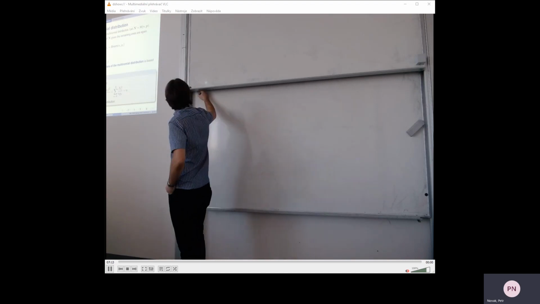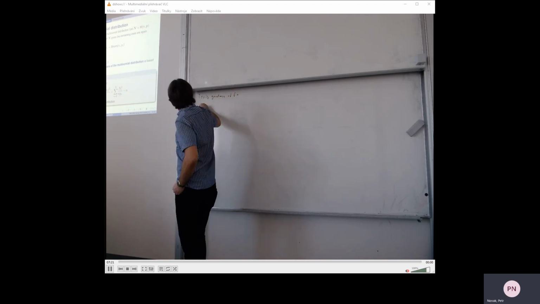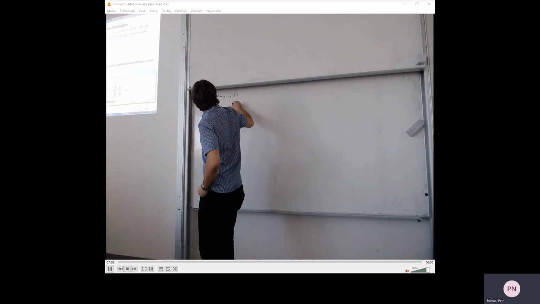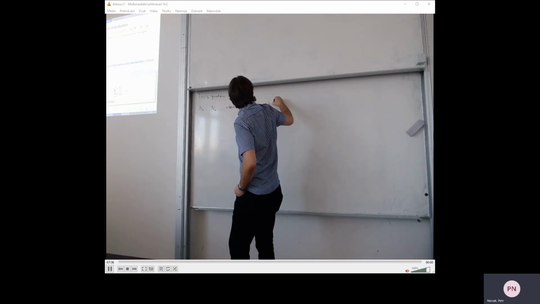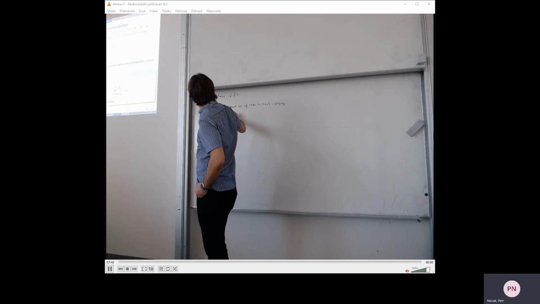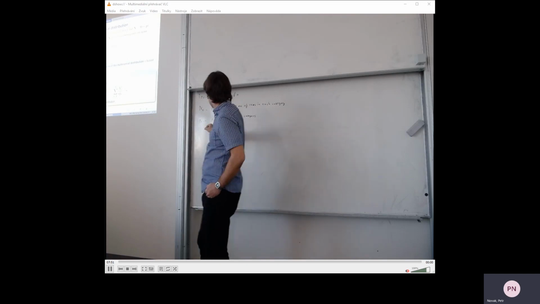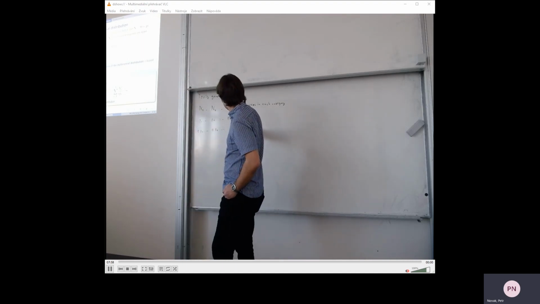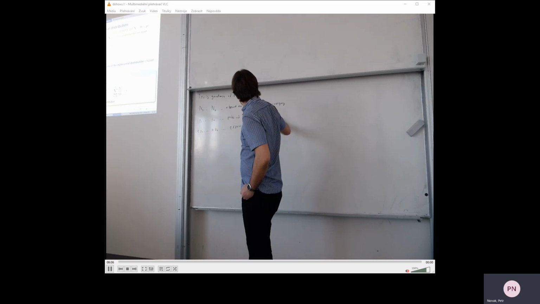So just to recall, let n1 up to nk represent the observed number of cases in each category. p1 up to pk are the probabilities of the categories, and n times p1 up to n times pk are the expected number of cases in each category.